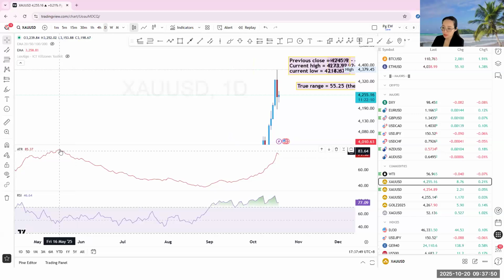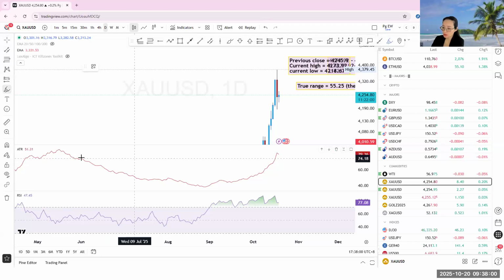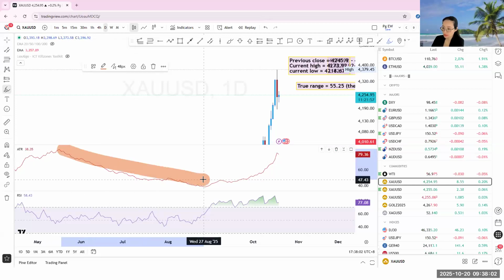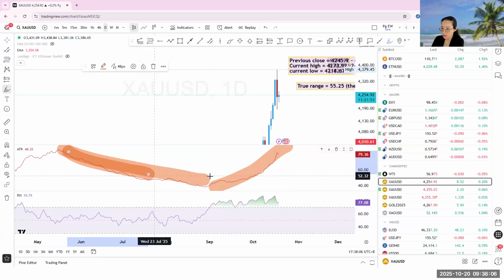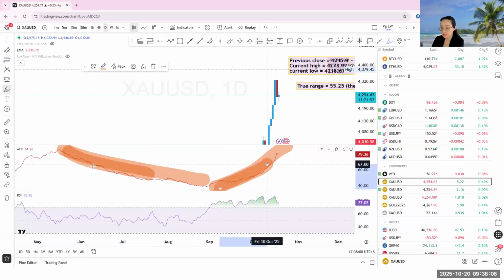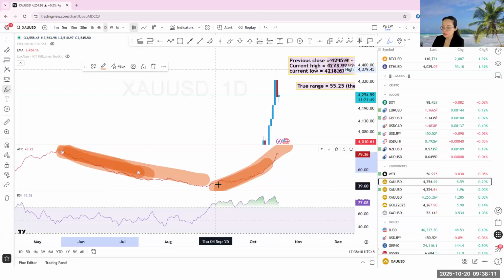It doesn't mean this is bearish or this is bullish. No, it works differently.